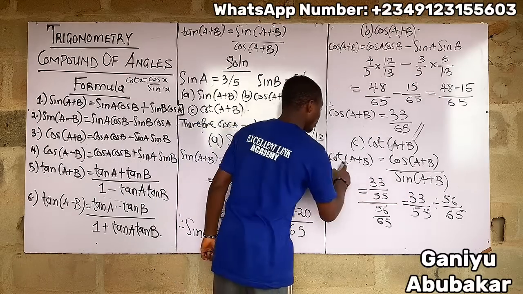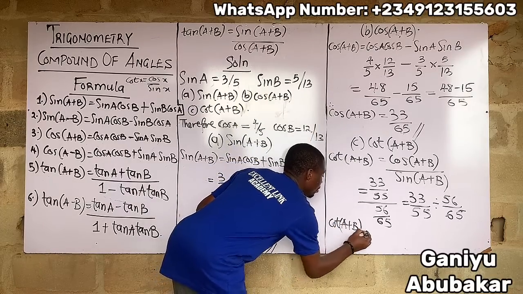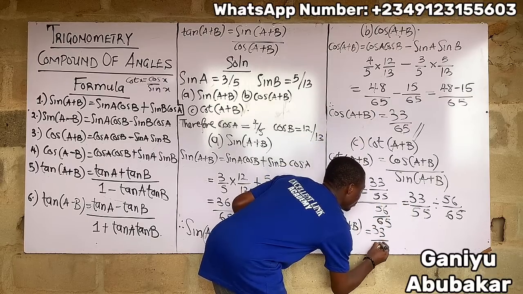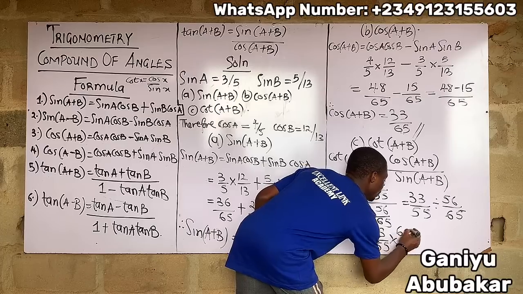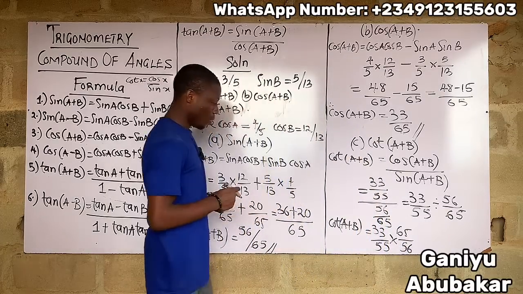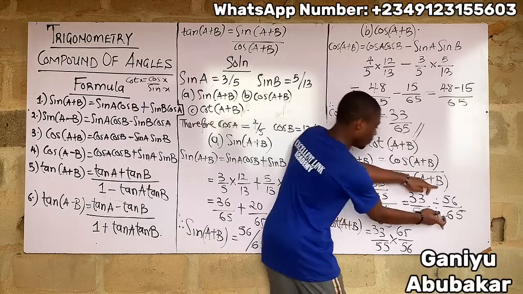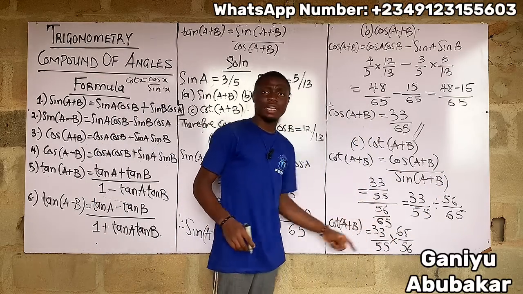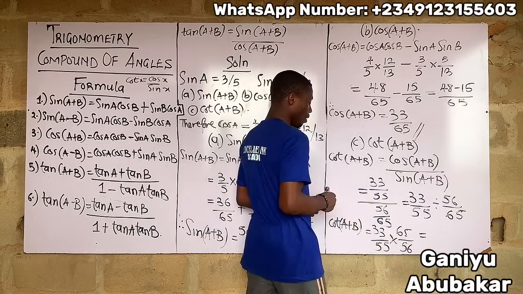I'll have that cot A plus B is equal to 33 over 65 times 65 over 56. All right, just invert this one, swap position. Multiply 33 by 65. What do I get?